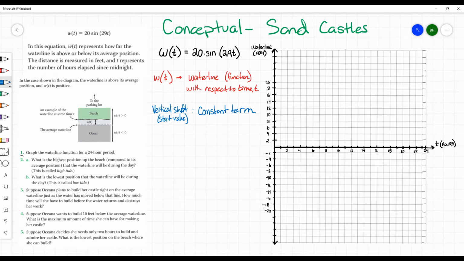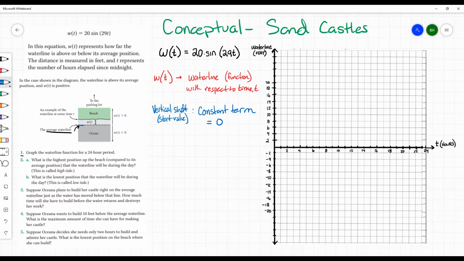In this case, there is no constant term. It's all one term, which means our vertical shift is going to equal 0. Technically this is plus 0, which makes sense because we're using the average water line as our x-axis, which is at a value of 0.